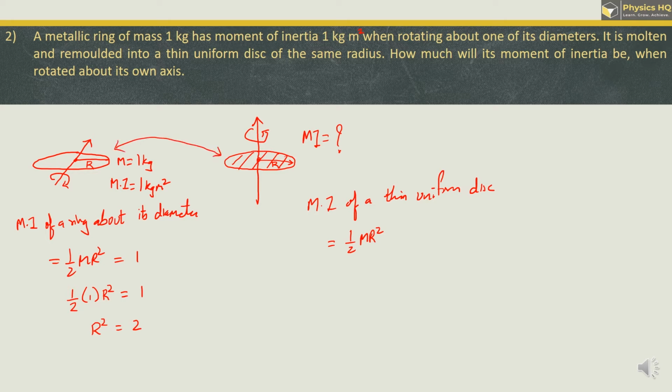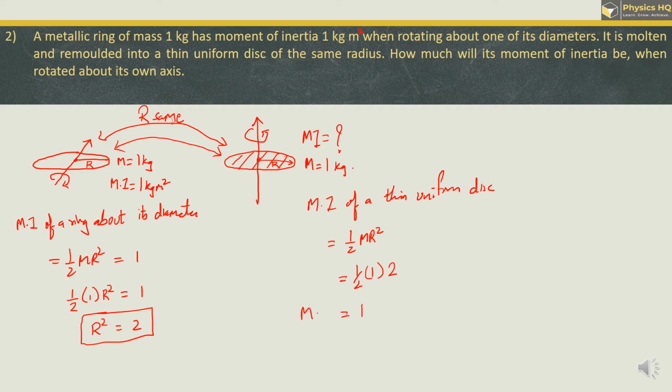So over here also mass will be equal to 1 kg, right? So let us find this. Mass is 1 kg. r^2 we already got over here as 2. Since they mentioned that the radius is also the same, we will put the same value of radius. So r^2 is equal to 2, and this gives us the value as 1.